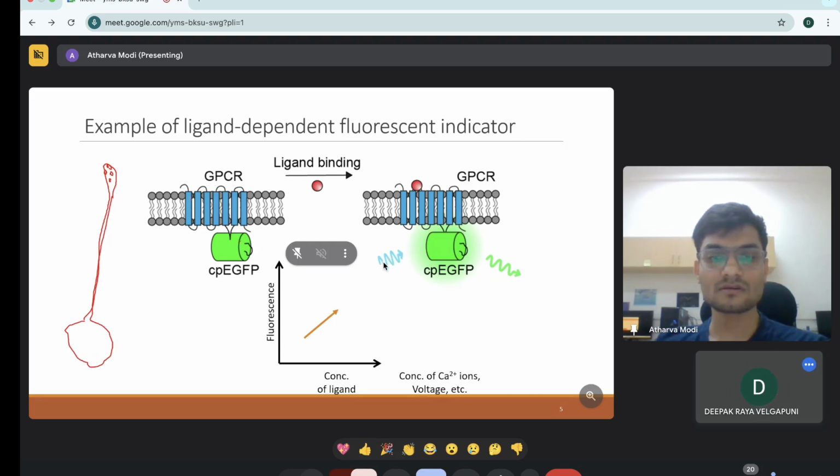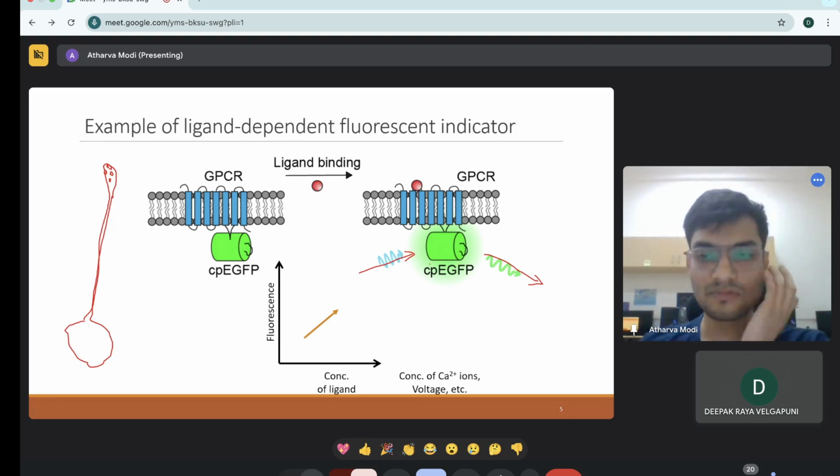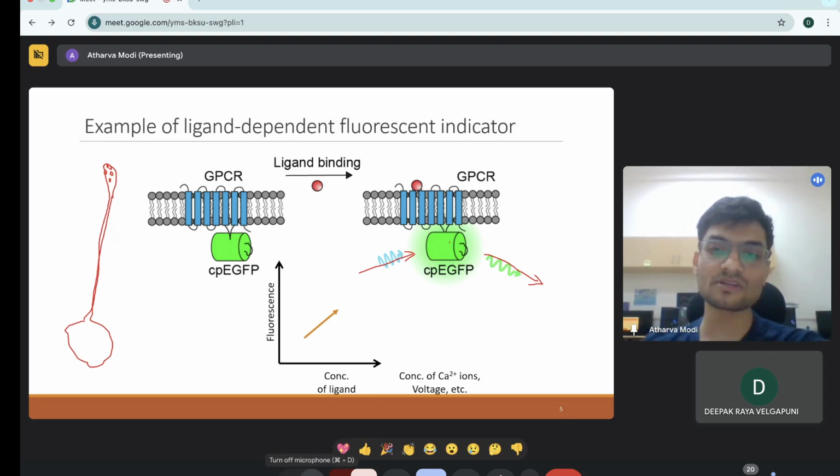This is what we are shining. Basically it is any source of light which you shine on this protein and this cell, and it will emit a different wavelength. That's the property of these fluorescent proteins. But if you shine the same light elsewhere, you will not get that emission.